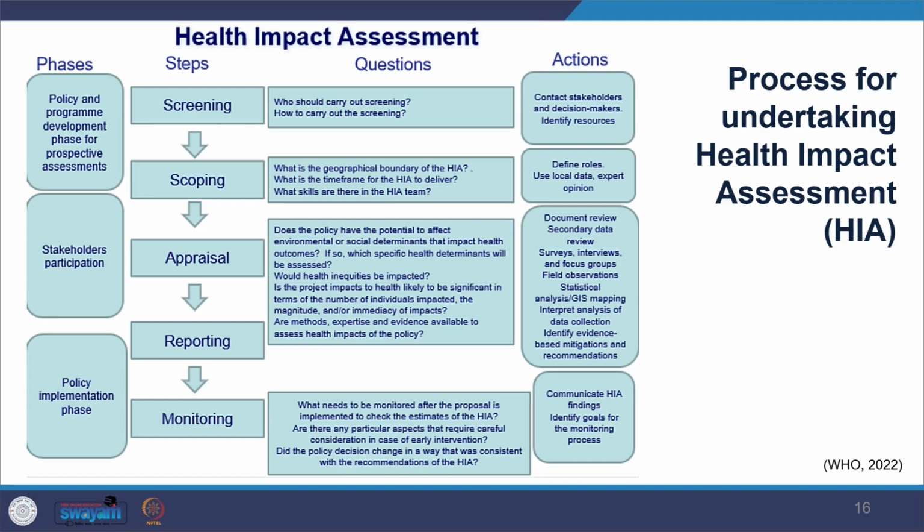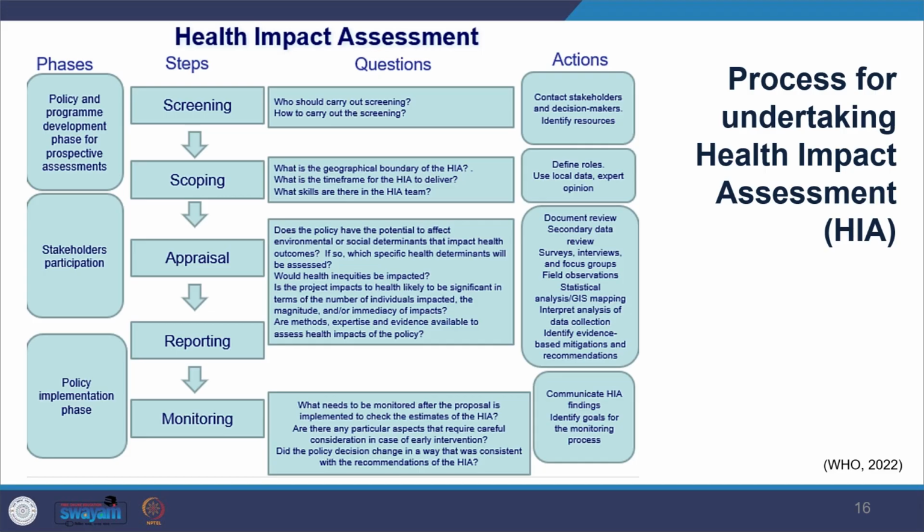Health impact assessment, HIA, is said to be a practical approach where you judge the potential health effects not only of chemicals, but of policies, programs, or projects, what kind of impact they will have on the people, and especially on the vulnerable or disadvantaged groups. That is what the health impact assessment tool by WHO helps you to look into.